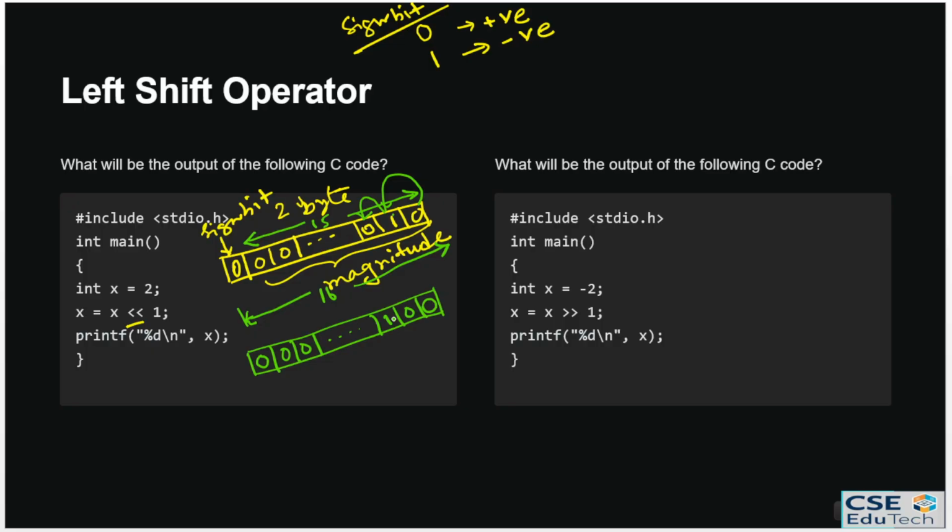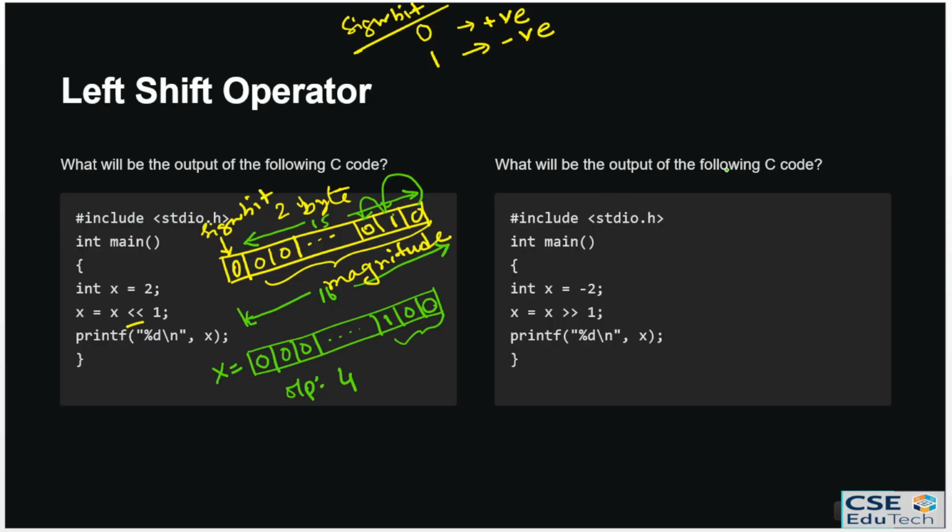So what is the representation of this number? It is basically the number 4, because that is the binary representation of 4, and 0 means positive 4. So the value of x will be this, and it will be printed in decimal. So the output will be 4. Its corresponding binary representation is 1, 0, 0.